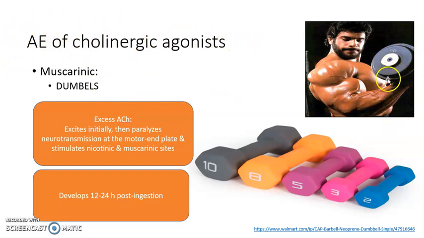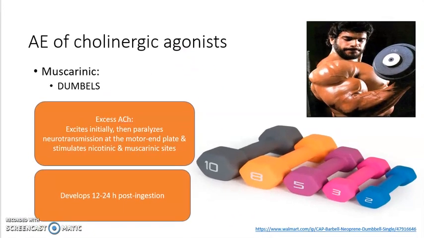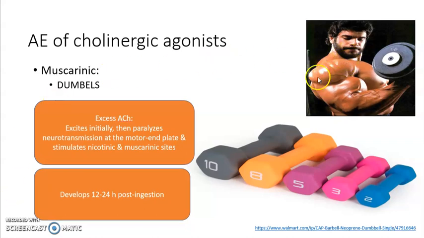Remember the general mnemonic is called DUMBBELS. D is for diarrhea, U is for urination, M is for miosis, your pupil, and then you have bradycardia and bronchorrhea, so secretion in your bronchus.